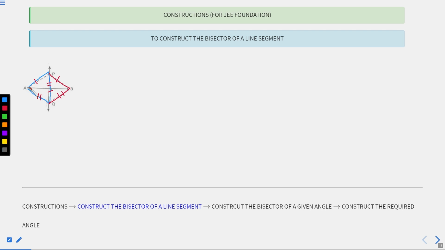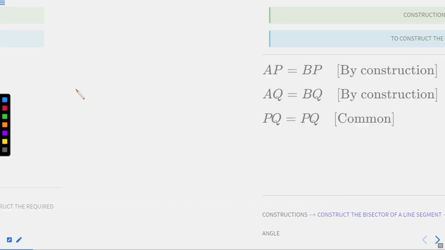So the angle here is equal to the angle here, because both sides are equal in length and this is common. So this is the corresponding angle to these two sides, so these must be equal to each other.